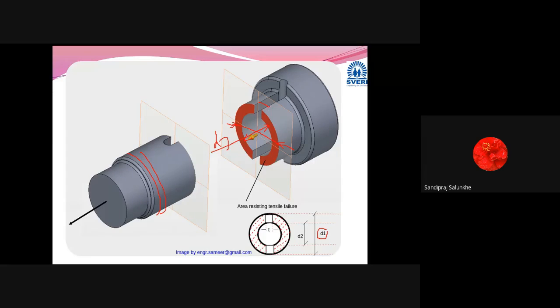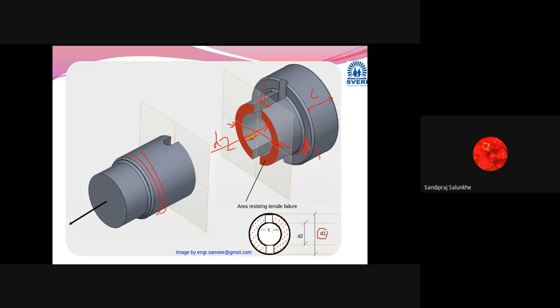Also, we have made the slot to insert the quarter pin. Sorry, this is C, and T1 we have considered as the polar dimension of the sprocket. This C we have considered. This is T, this is the inner diameter D2, and this is the outer diameter D1.